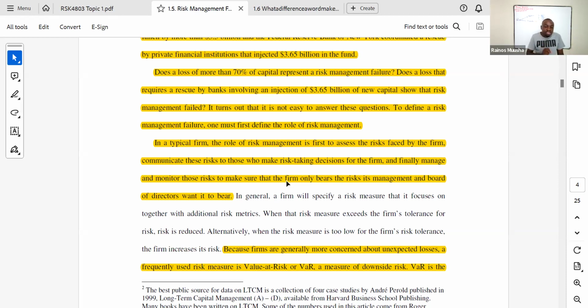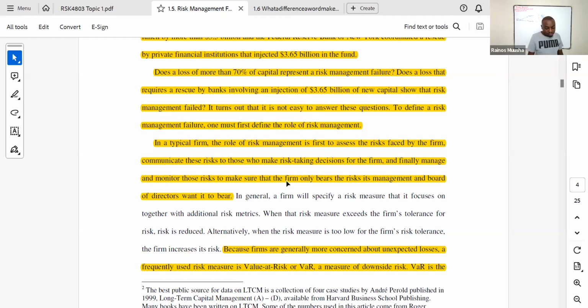The risk manager's responsibility is to identify the risk exposures of the organization, to shine light on the risk exposures that we're likely to face. Based on these risk exposures, this is how much risk we're going to be exposing ourselves to if we take this particular route.